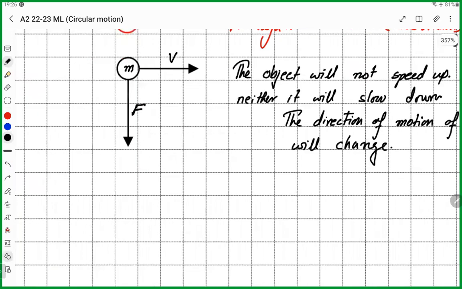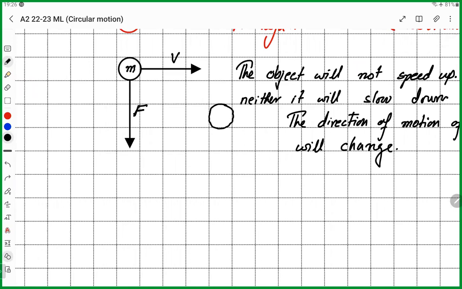Sorry. Might go there with velocity going this way. Velocity is still this way, and now force is acting like this. Still, force is perpendicular. Force is still perpendicular to the velocity.